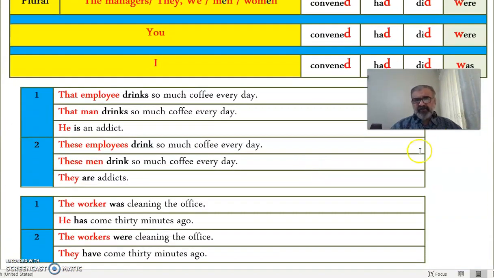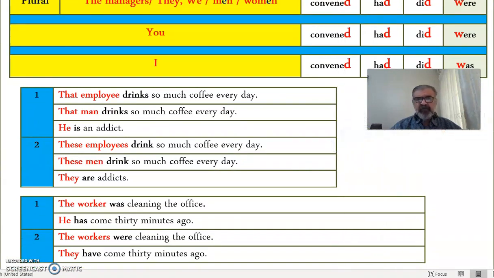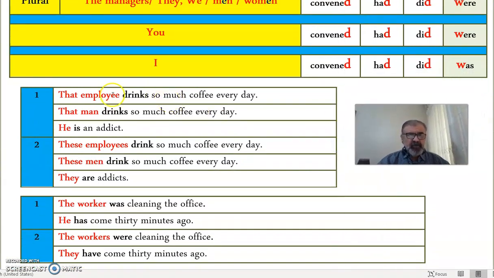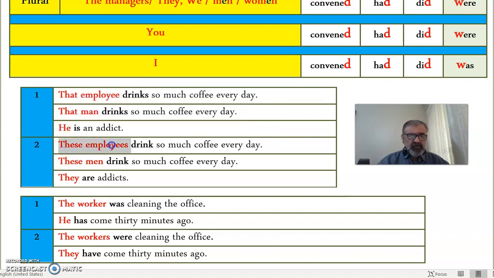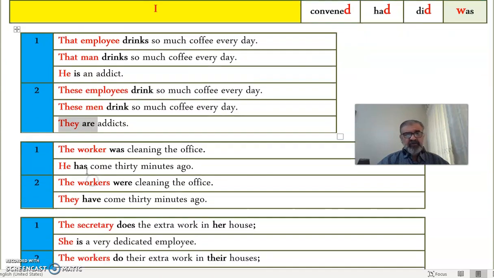Now more examples if you wish. Let's look at the following examples, okay? The employee drinks. Without an S, there should be an S over here. So this is what? Singular. The man drinks. He, singular, is. While these employees, plural, drink. These men, plural, drink. They, plural, again, are.